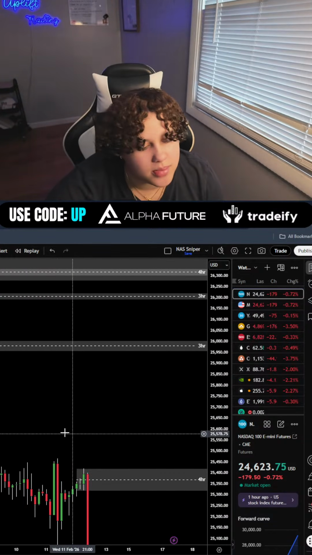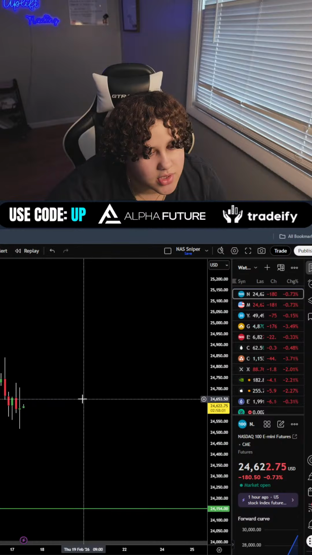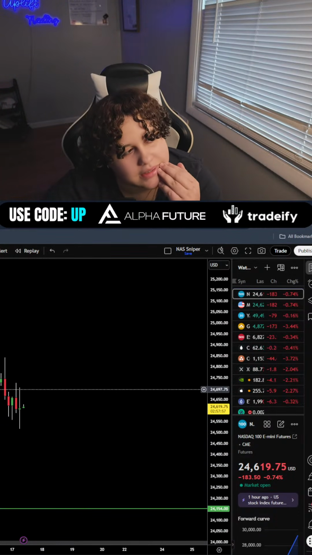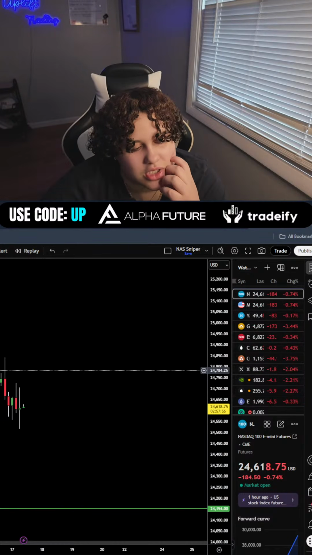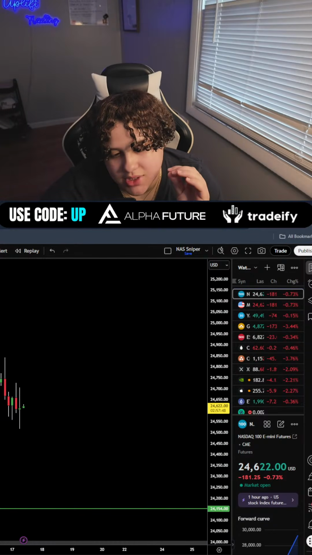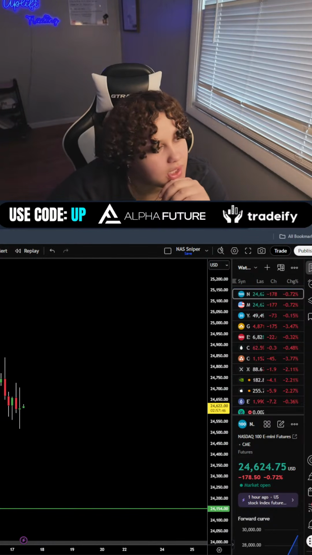How do I use VWAP? Most of the time I use it to see if I should trade or not. For example, if VWAP is at a zone, then I won't trade it because I don't want it to chop at the zone.